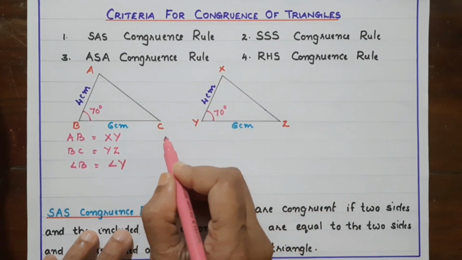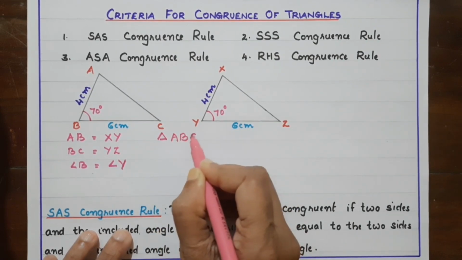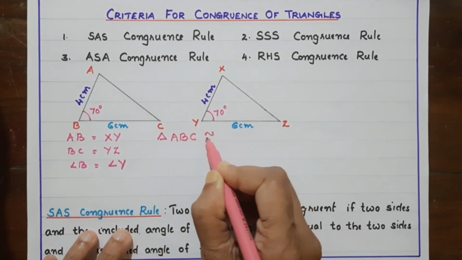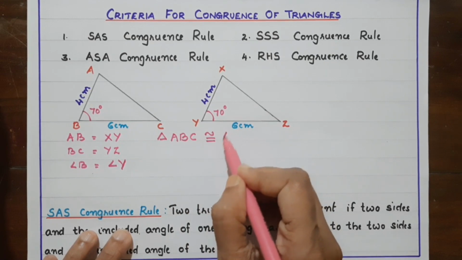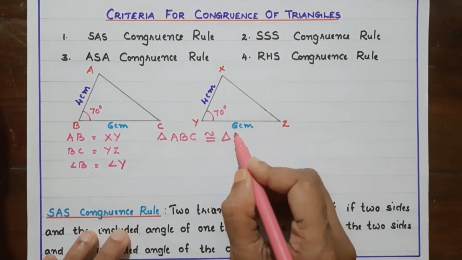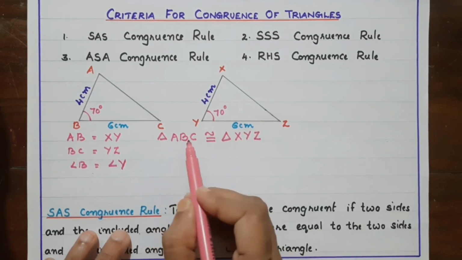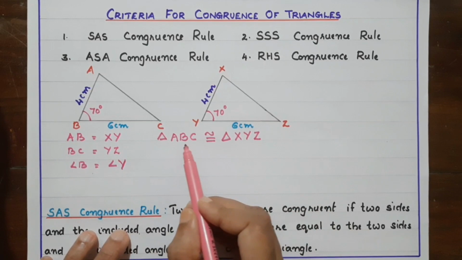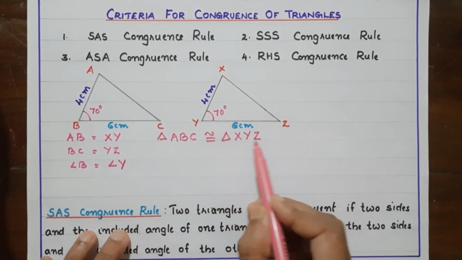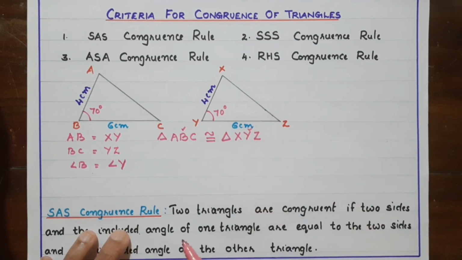So, if we are writing triangle ABC first, here it is congruent to triangle XYZ. AB corresponds to XY, BC corresponds to YZ, and angle B corresponds to angle Y.